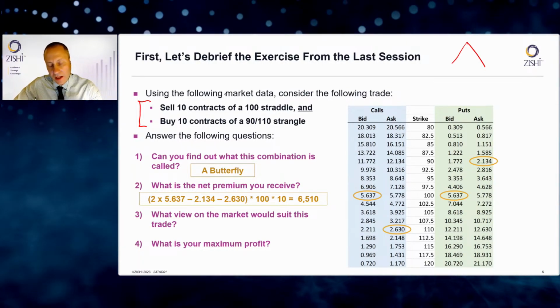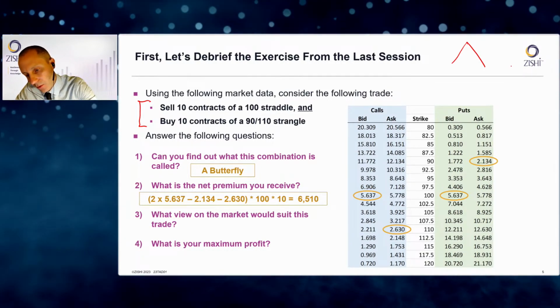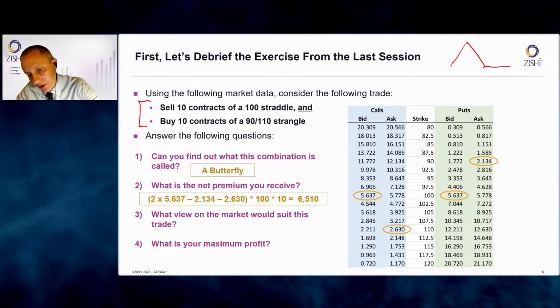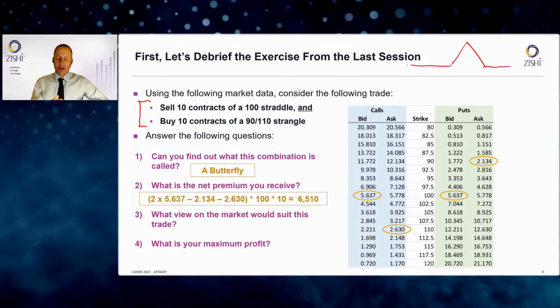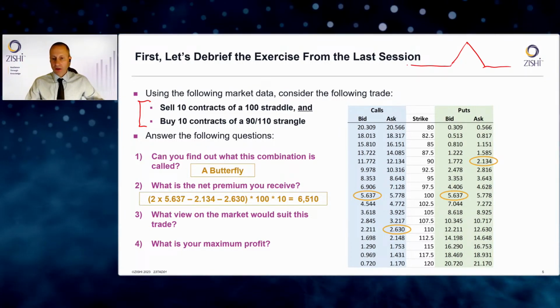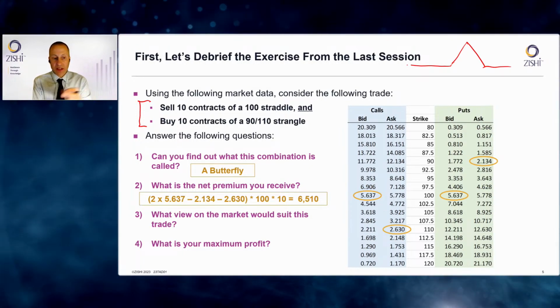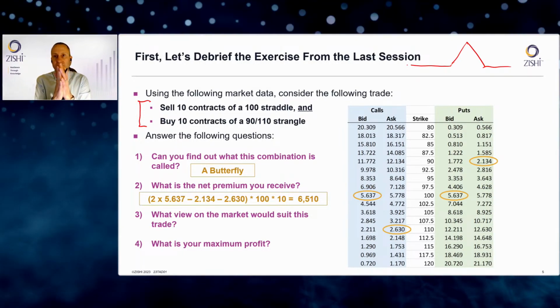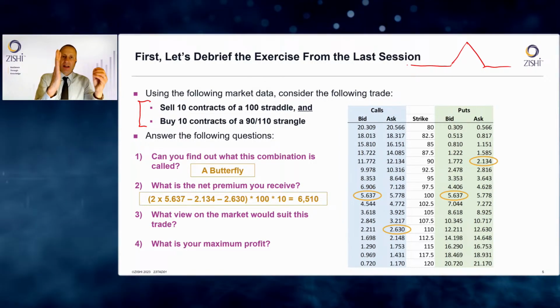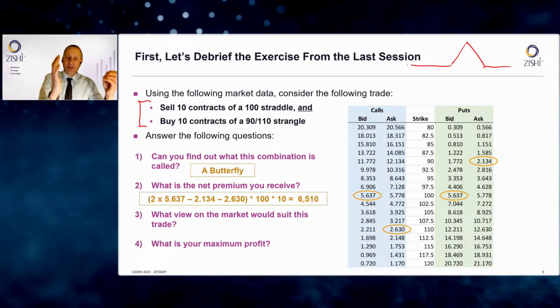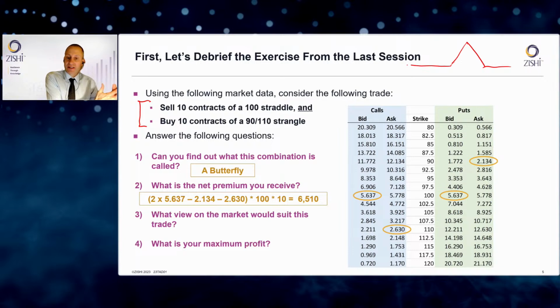When I buy the strangle, what it does is it just gives me protection against the stock going below 90 or above 110. And I've bought these in the same size, so my 10 contracts of the 100 put will be cancelled out by the 10 contracts of the 90 put if the market moves down below 90.